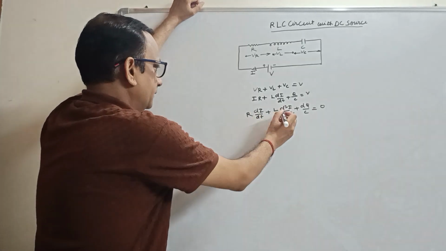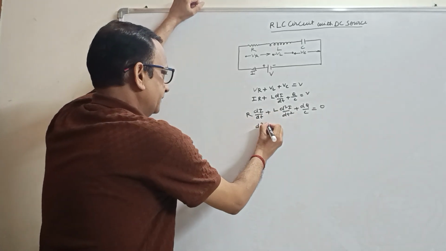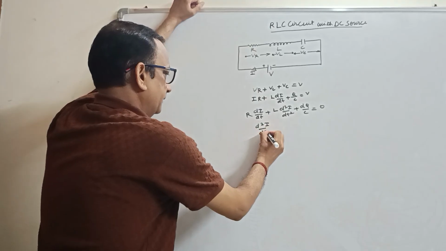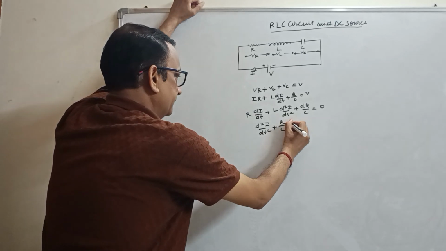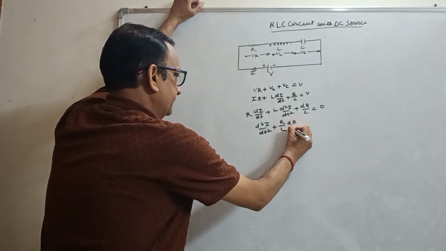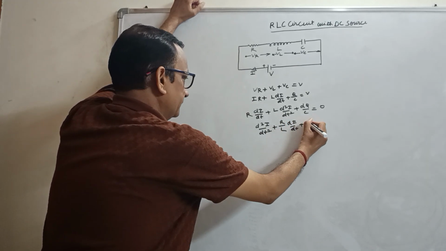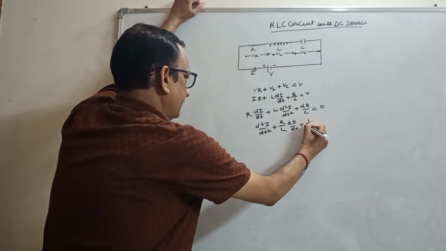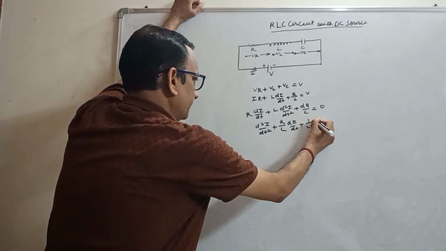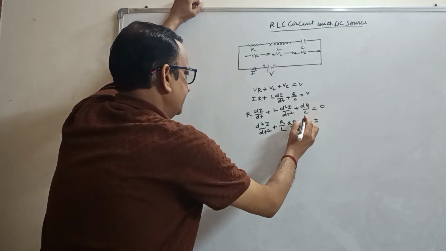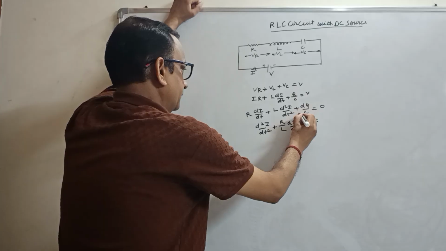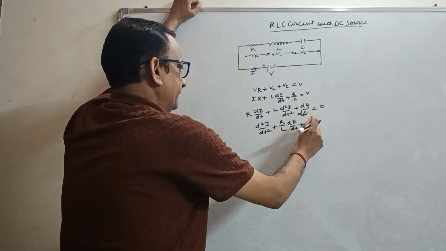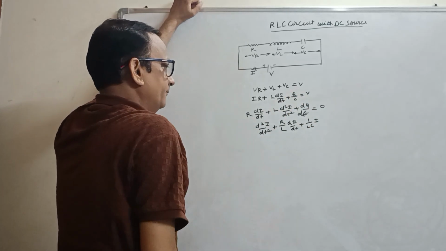So rearrange these terms: d2I by dt square plus R by L di by dt plus 1 by LC times dQ by dt. Here dQ by dt becomes the current.